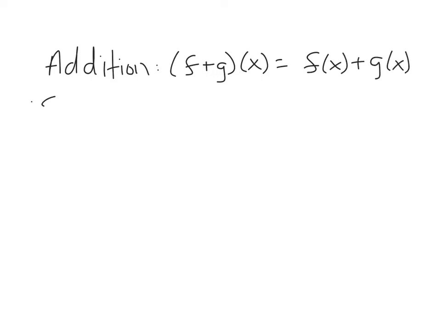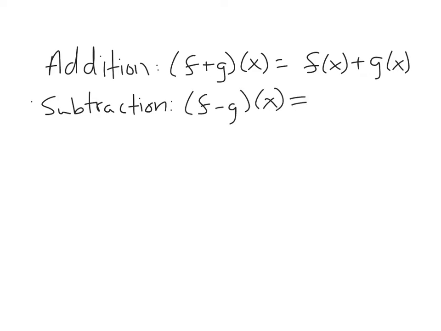If we're talking about subtraction, that means we have f minus g of x, and that's going to be f of x minus g of x. And then we have multiplication, okay?